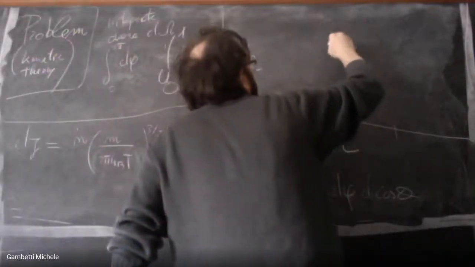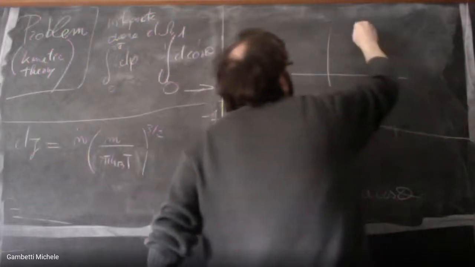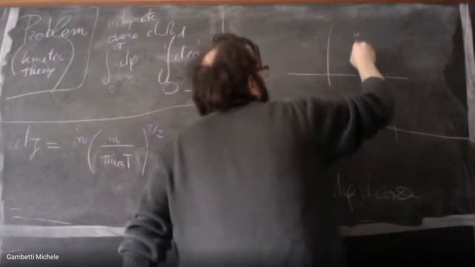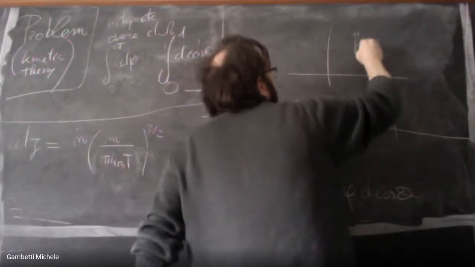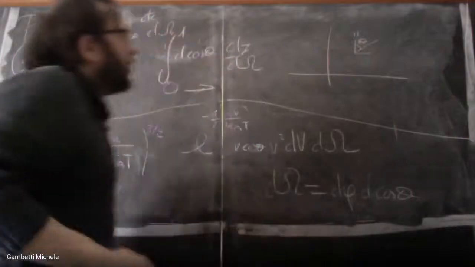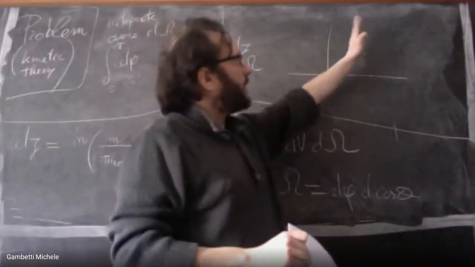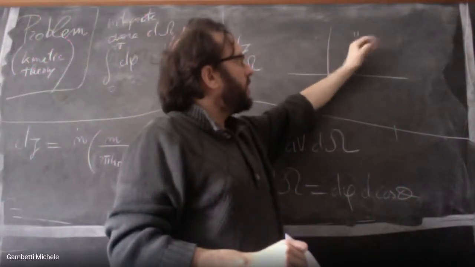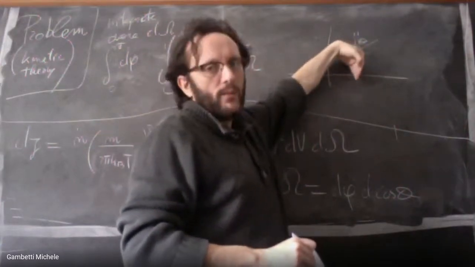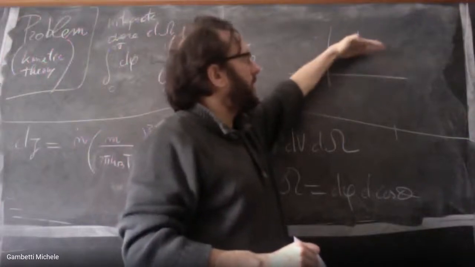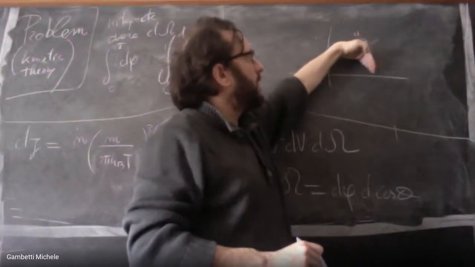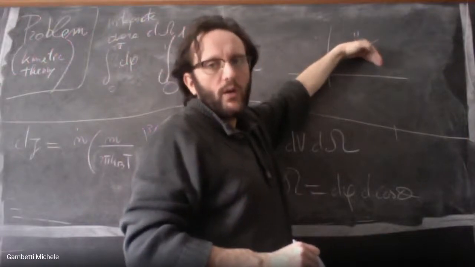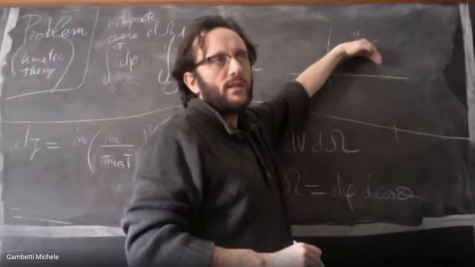Suppose that I have here the hole, and this θ. To have the proper direction, I cannot integrate from θ equal 0 up to π, because all the particles having velocity with negative z components will not have any chance to exit the box.